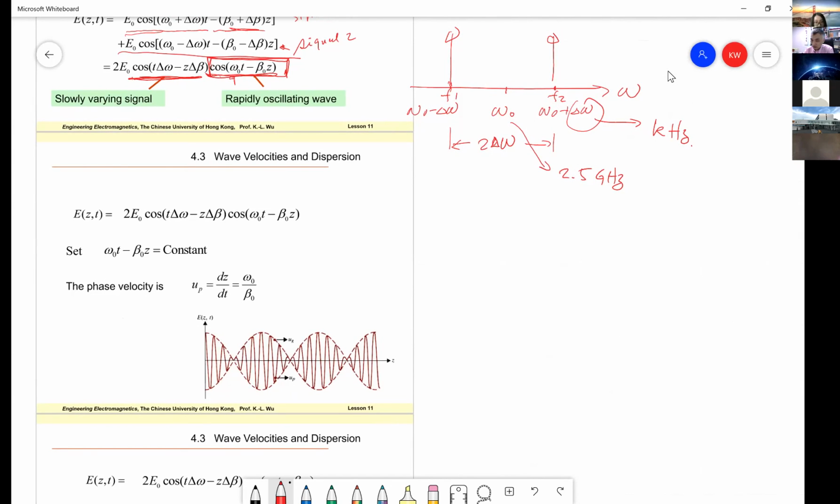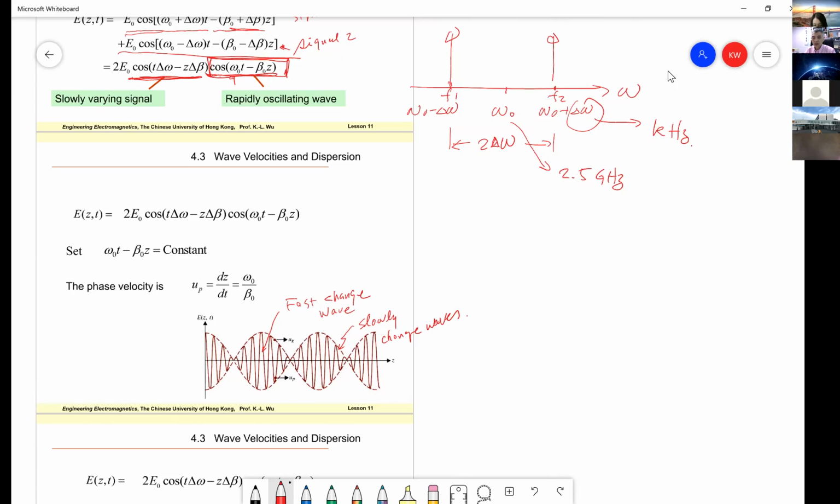This is the fast-changing wave, and this envelope is a slow-changing wave.